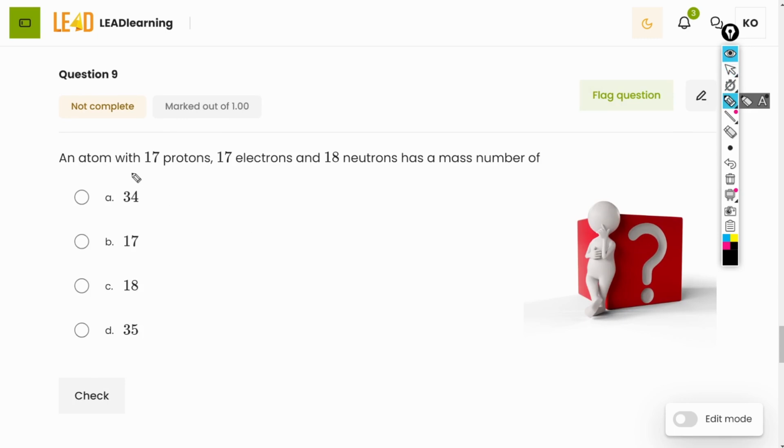Question 9. An atom with 17 protons, 17 electrons, and 18 neutrons has a mass number of, now the mass number of an atom is equal to the number of protons plus the number of neutrons.